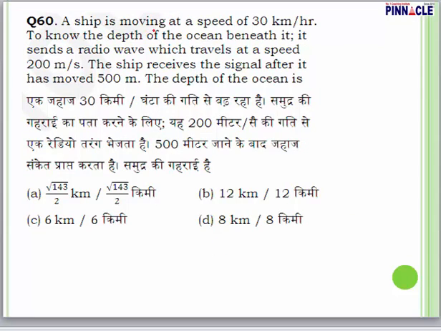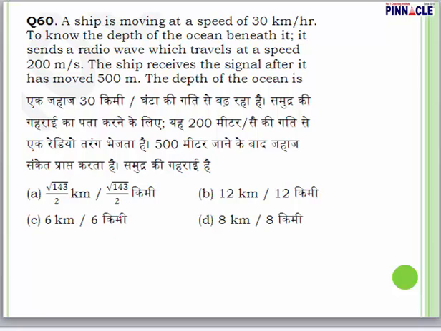A ship is moving at a speed of 30 km/h. To know the depth of the ocean beneath it, it sends a radio wave which travels at a speed of 200 meter per second. The ship receives the signal after it has moved 500 meter.